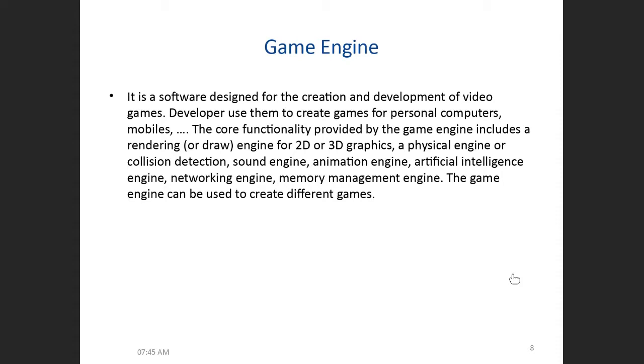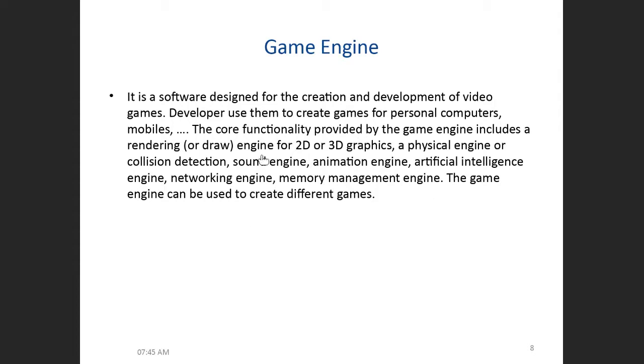We have already discussed, like Xbox, PlayStation, etc. The core functionality provided by the game engine includes a rendering or drawing engine for 2D or 3D graphics. That is the core functionality, that you draw some 2D or 3D graphics on the screen. Then there is the physics engine or collision detection, sound engine, animation engine, artificial intelligence, and so on.